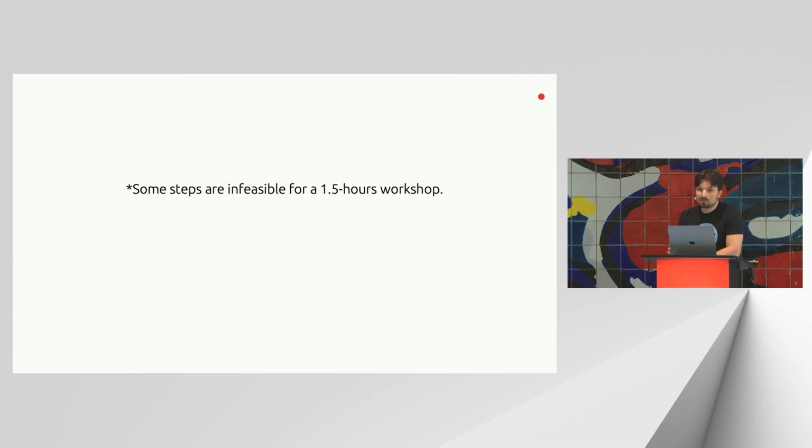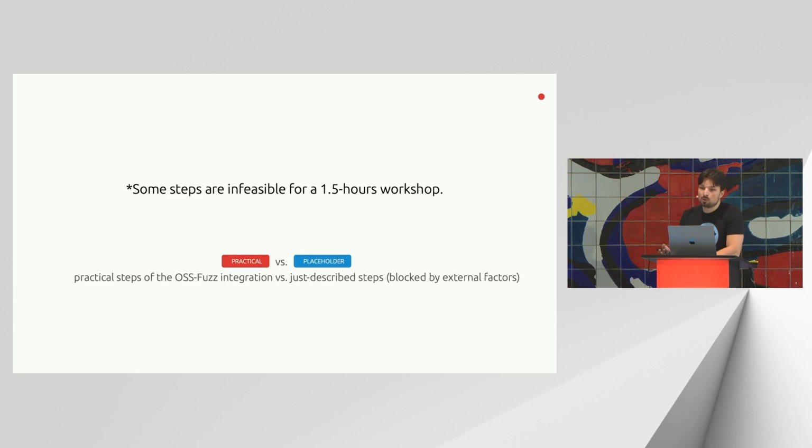So we will skip these steps. We will have some slides, we will see some links, so we will get a grasp of the process, but we will not do the PRs and some other steps. You'll see that the slides will be marked with practical, the things that we can do on our host, and placeholders, which are the slides covered by the aforementioned situation.